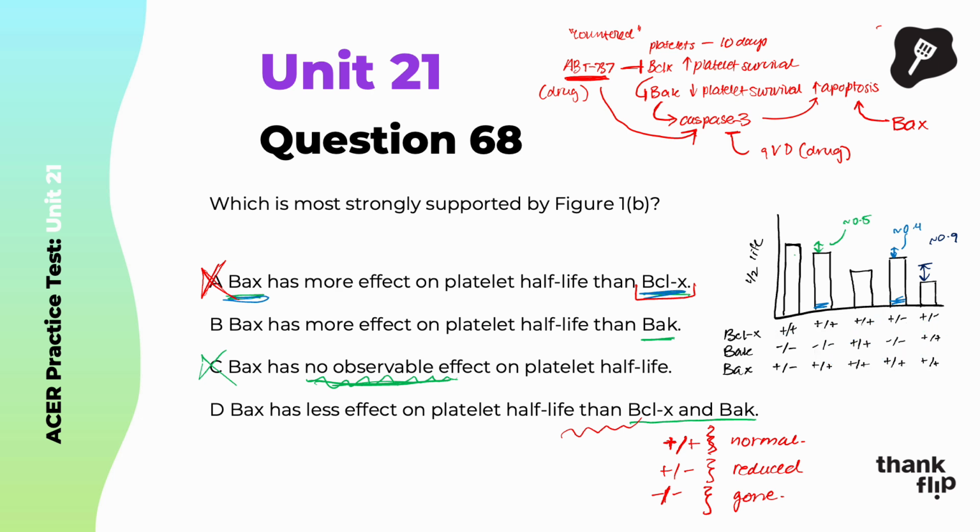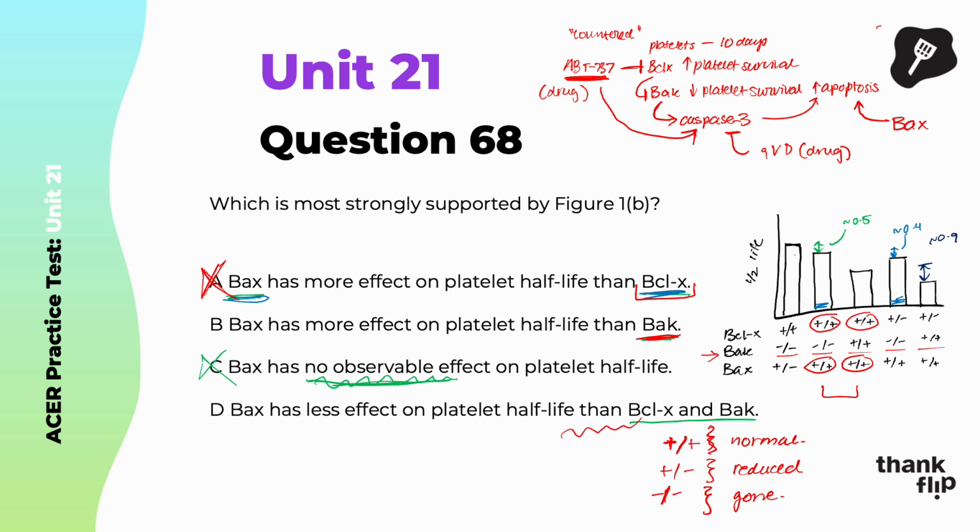And now we're going to compare all of this to BAK. So looking at BAK, we want to figure out where we have our constant option. So looking at BAK here, we have negative, negative, negative, negative, positive, positive, negative, negative, and positive, positive. So we want to compare these two because this is constant, this is constant, this is constant, this is constant.